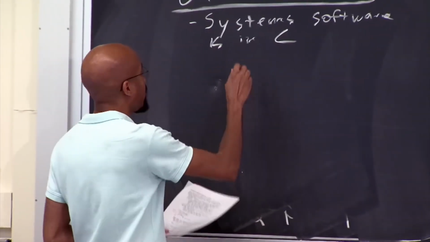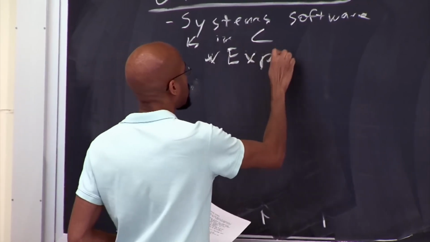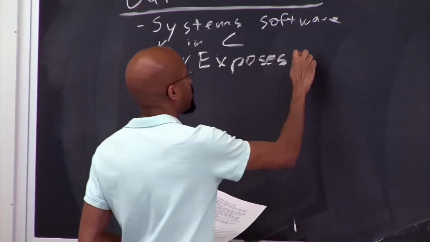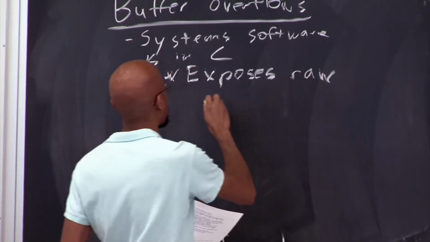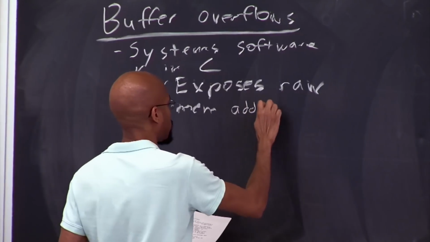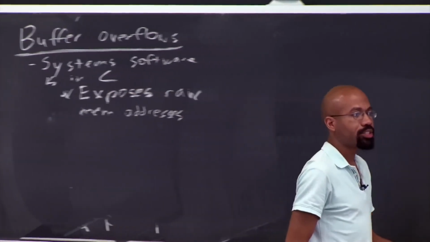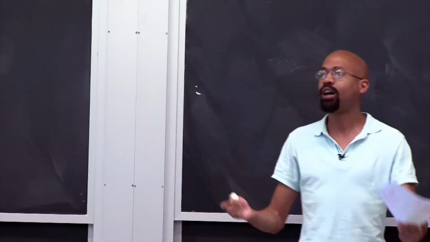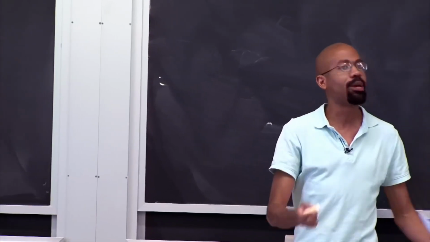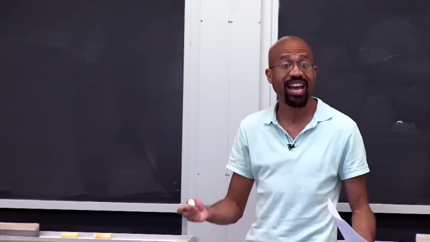Now, the problem with things being written in C is that C actually exposes raw memory addresses. And not only does it expose raw memory addresses, but it also performs no bounds checking when programs manipulate those raw addresses. And as you can imagine, this is a recipe for disaster.